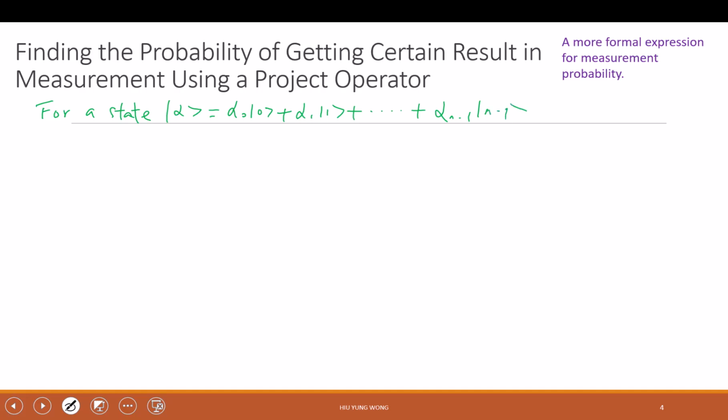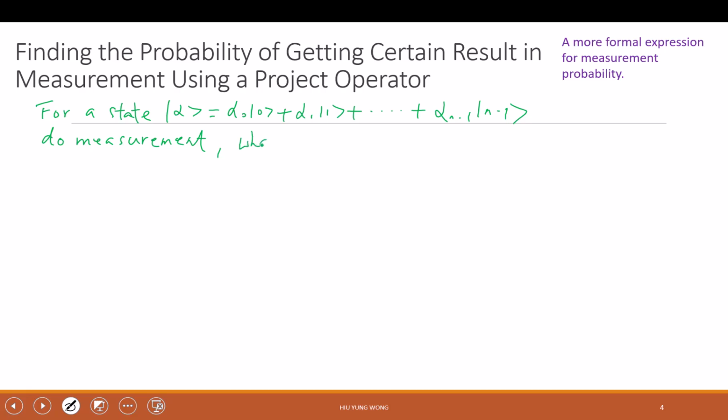What is the dimension of this state? N, thank you. It has n basis states from 0 to n minus 1, right? Again, 0 to n minus 1 are just names. So I perform a measurement.